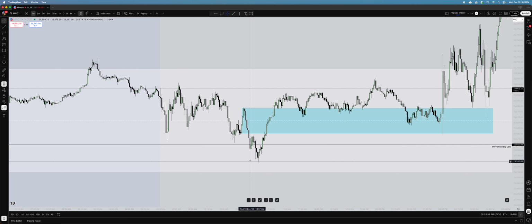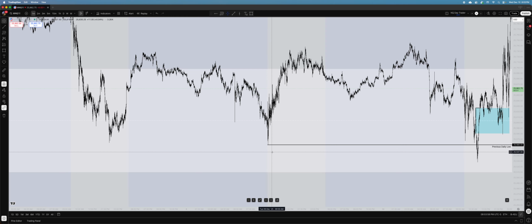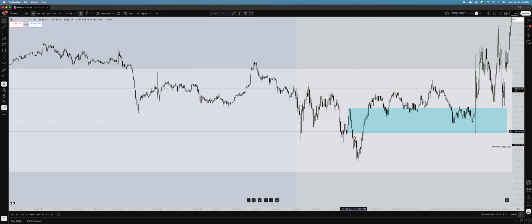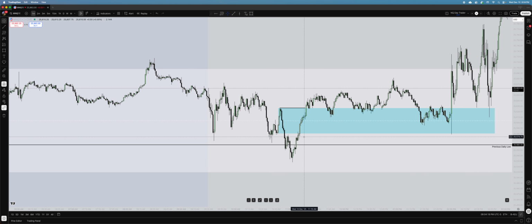Everybody that was long from yesterday trying to hold into the print today had their stops right below yesterday's daily low. So at 11 o'clock when we sell off and we sweep these lows, this is the manipulation of the day.